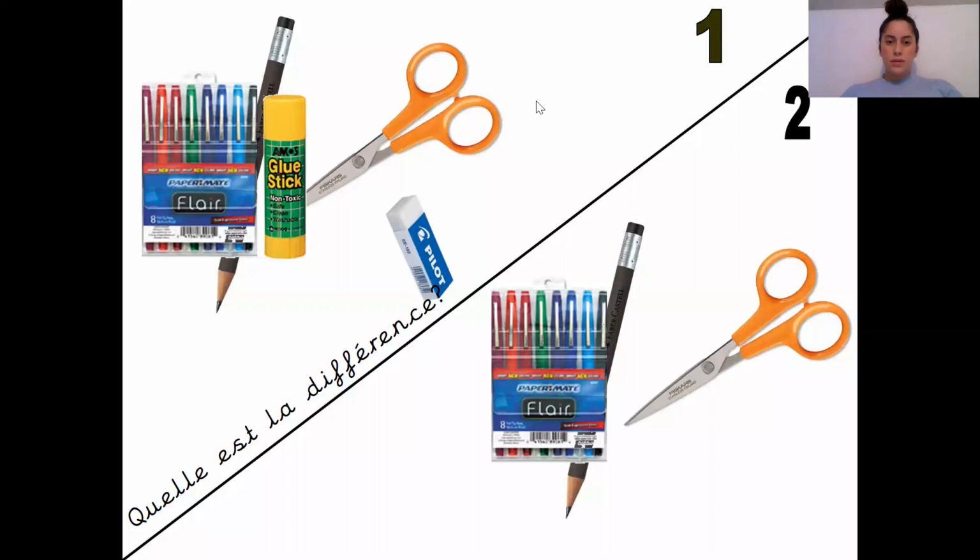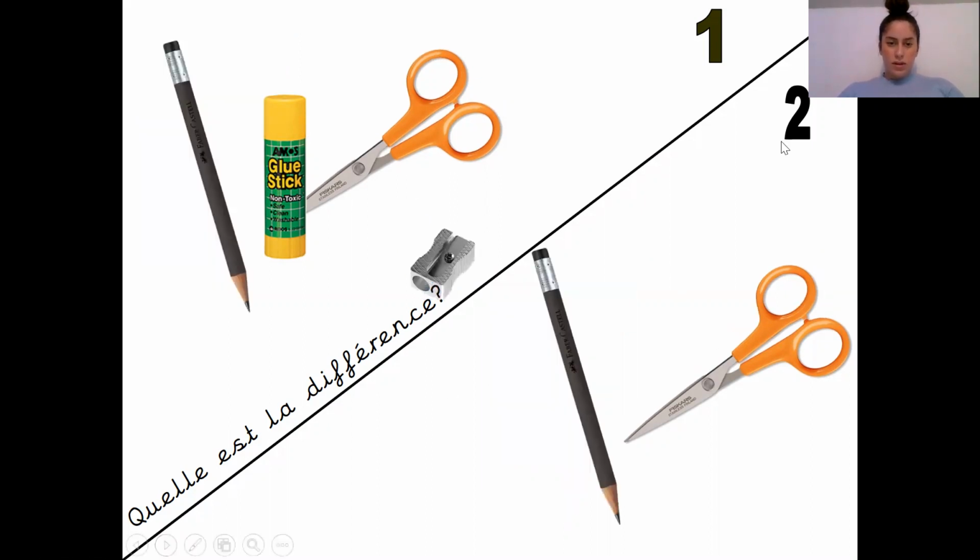Okay, and the next one. Sorry, I don't know why my slide isn't changing. There we go. Quelle est la différence? Un bâton de colle et un taille-crayon. Now your turn. Quelle est la différence?